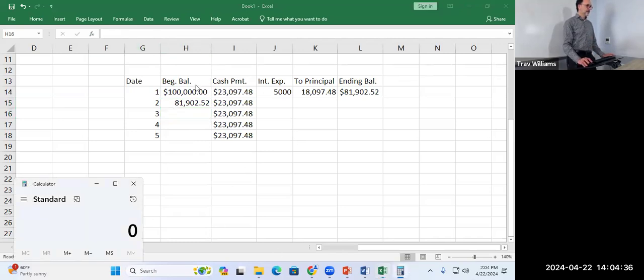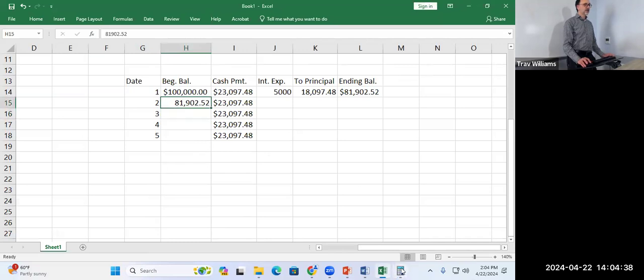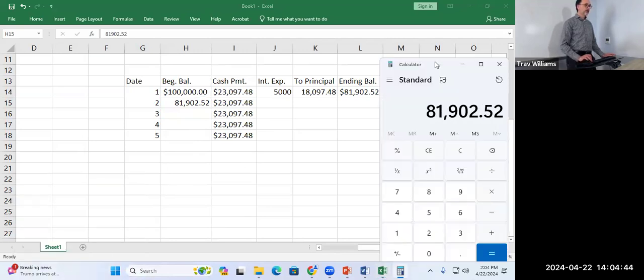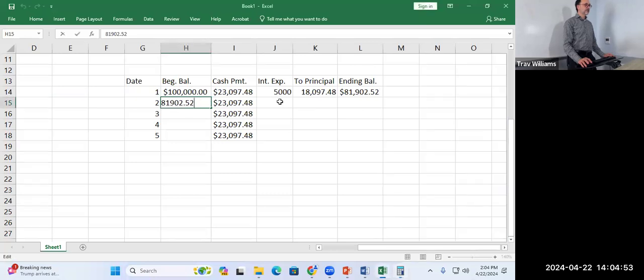So I'll just do it with the calculator so you can see what I'm doing. We take the beginning balance for year 2 times 5%. That's $4,095.13. So that's how much is going towards interest for year 2. And then we just do the same thing, right?